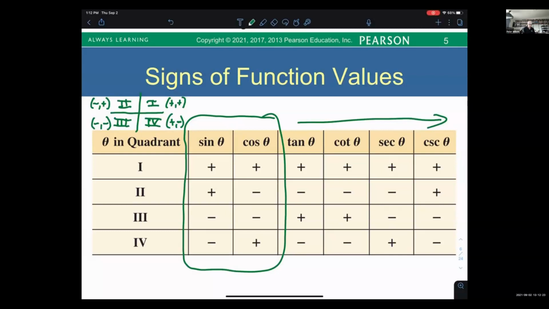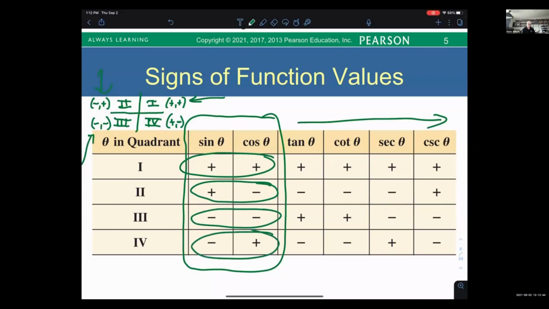So in quadrant 1, this pair of signs matches the fact that x and y are both positive. In quadrant 2, this pair of signs matches over here, that you have a negative and a positive, etc. There's quadrant 3 matching with that pair of sign values. And then quadrant 4 is there, so that's why they're listed. And then to get all 4 other functions, you just make a fraction of these signs.